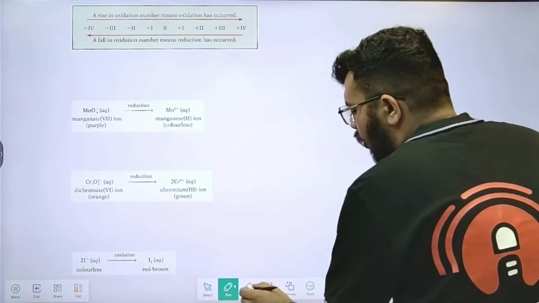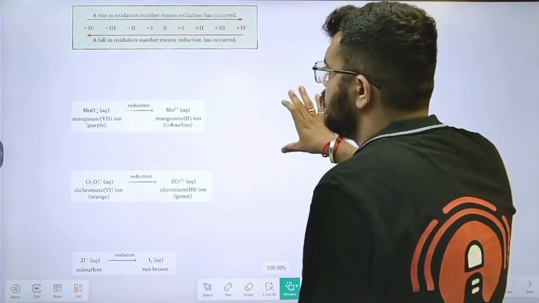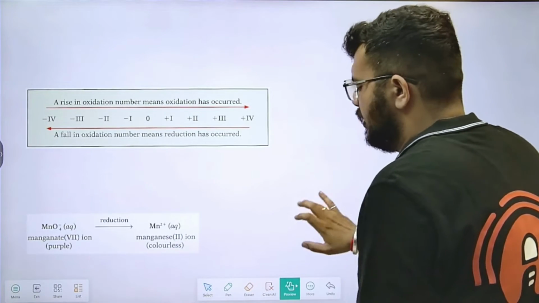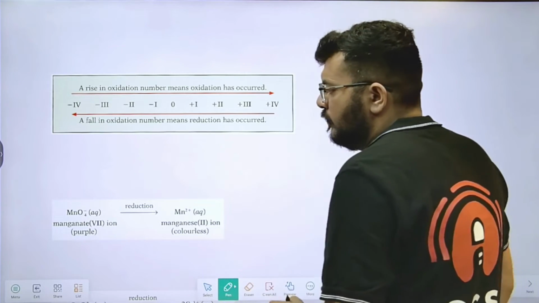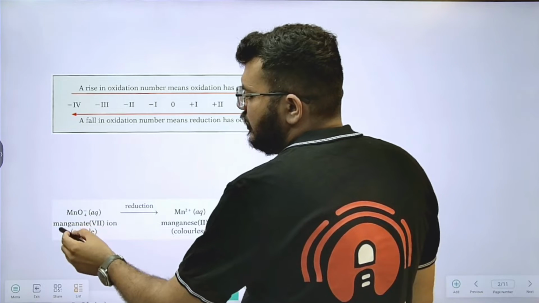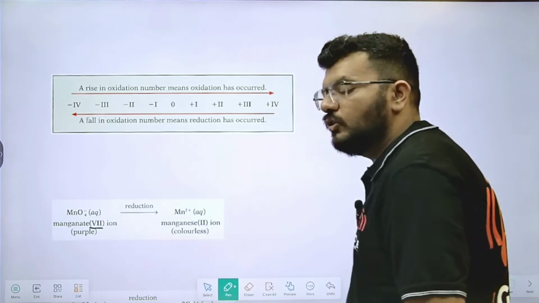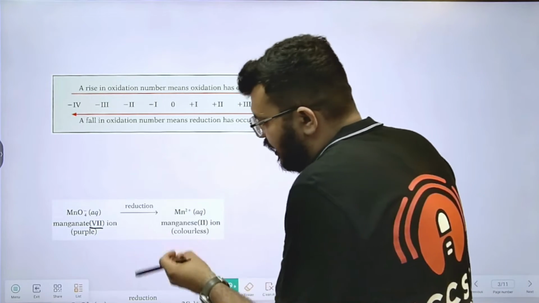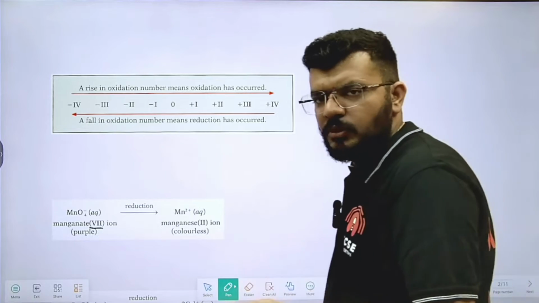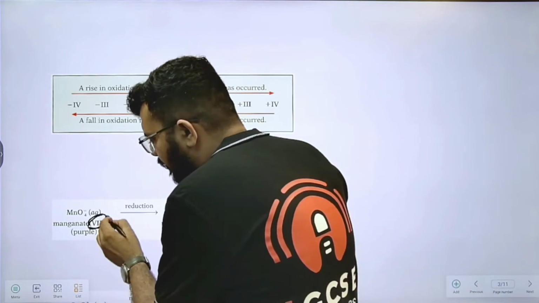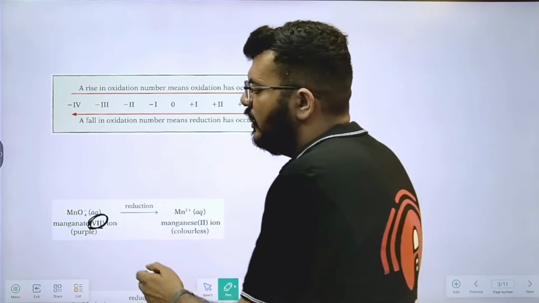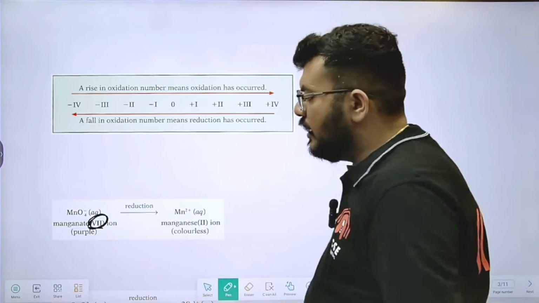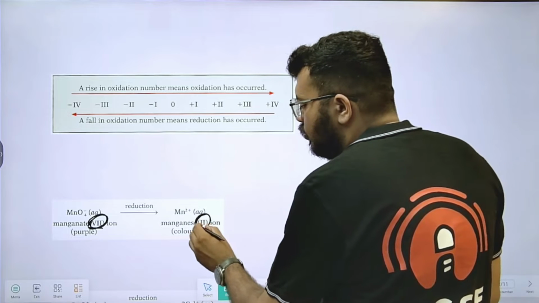Now, as I have already shown you, oxidation number is the charge on that ion. Looking at an example here, manganate 7 ion, you will learn in transition metals that this number 7 is nothing but the oxidation state of manganese in this particular compound. It goes from 7 to 2.